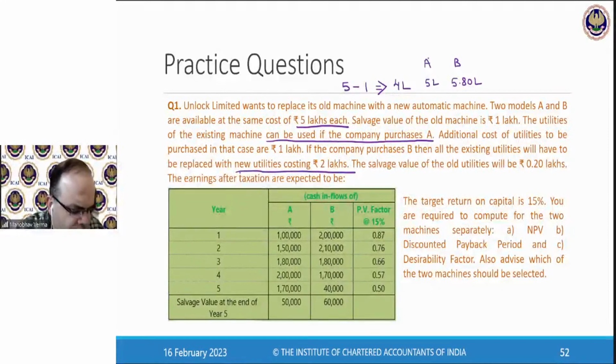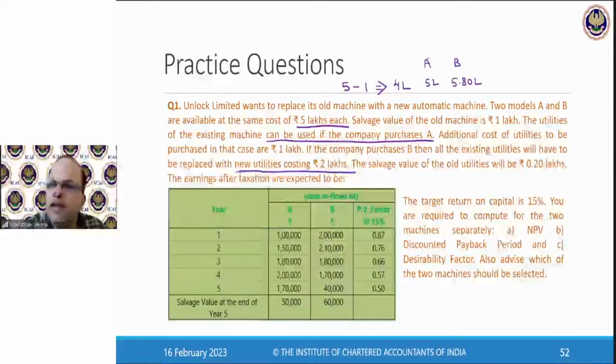Okay, so guys, everyone okay here? 5 lakhs, 5.8 lakhs, all okay with machine A and machine B? No, Geet, it was not for mutual. It is when you are replacing with the new utilities. I anyways got your interpretation when I looked at your answer.